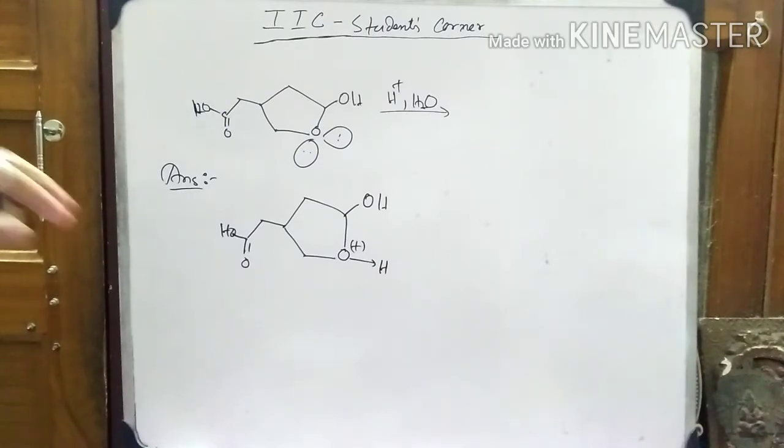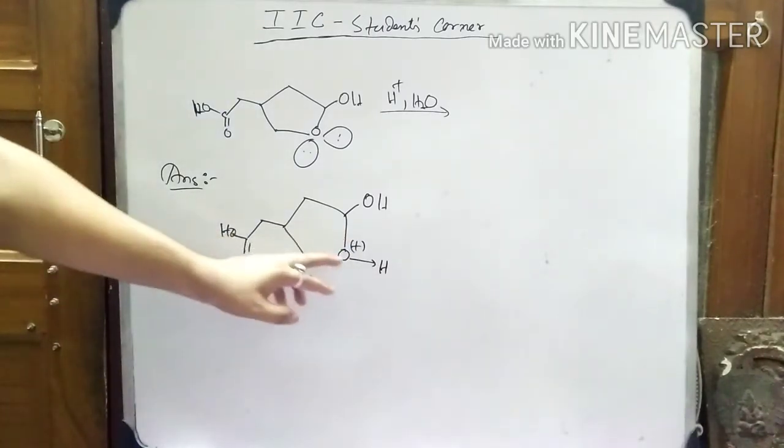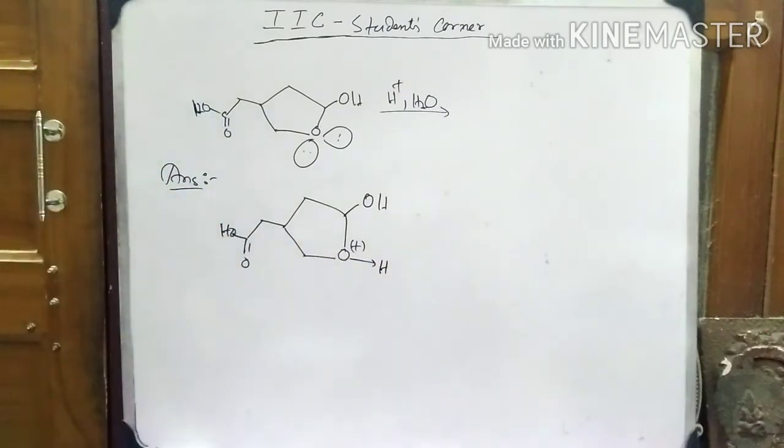Okay, and this oxygen, as it donates an electron much more to hydrogen, which is away from the nucleus of oxygen, is now devoid of an electron. So that is why it is getting a positive charge of unit value.